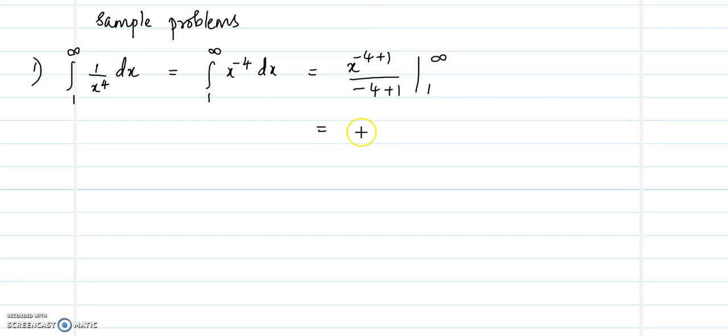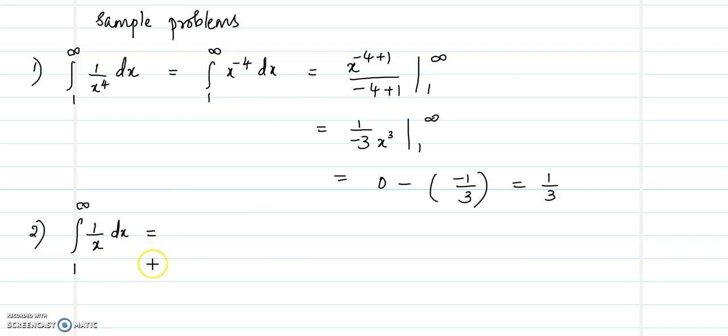So this will be 1 by minus 3 x raised to 3 from 1 to infinity. So at infinity we know that 1 by infinity will be 0, minus, at 1 we will get minus 1 by 3. So therefore the value of integral will be 1 by 3.